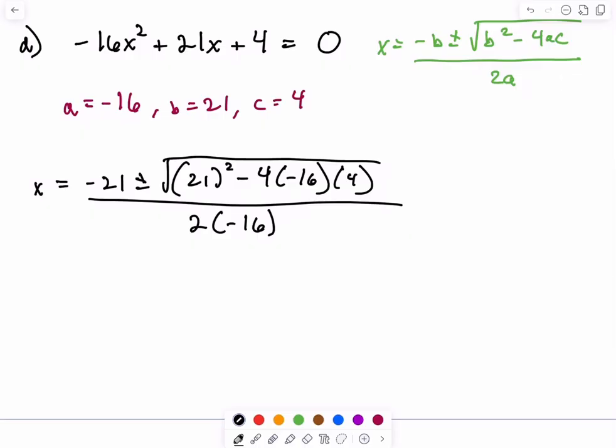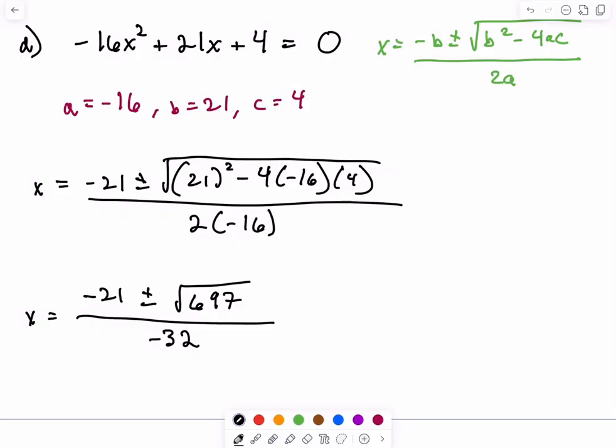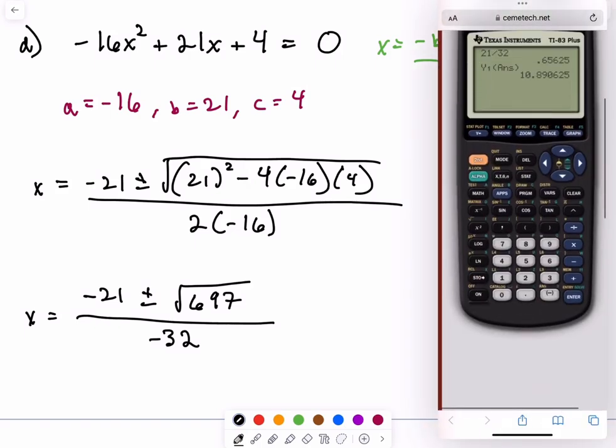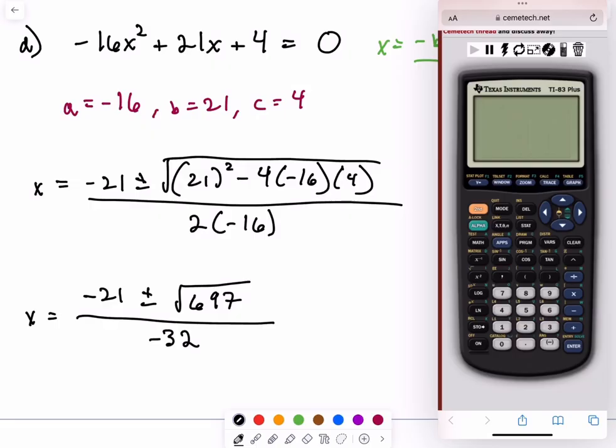The total is 697. Okay, I'll just use a calculator here.